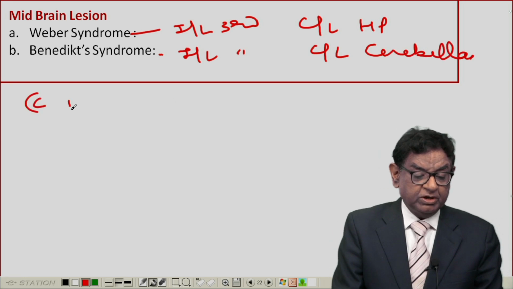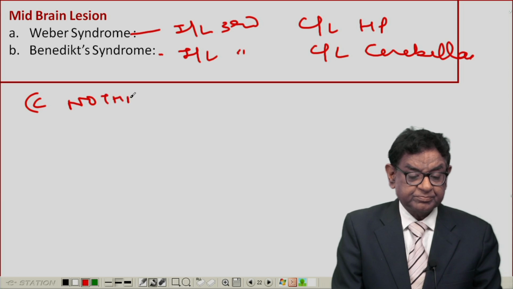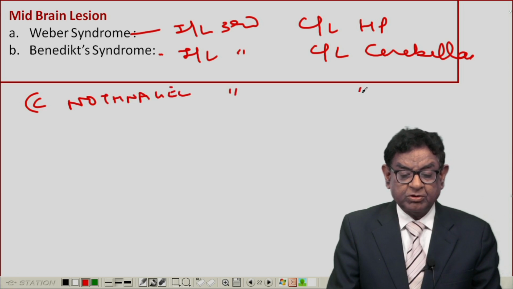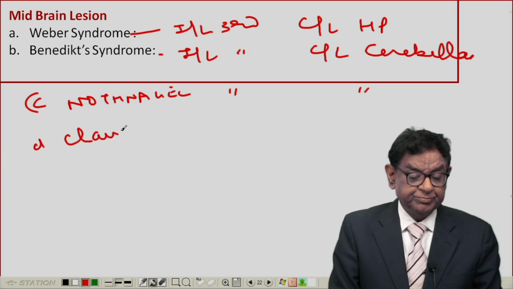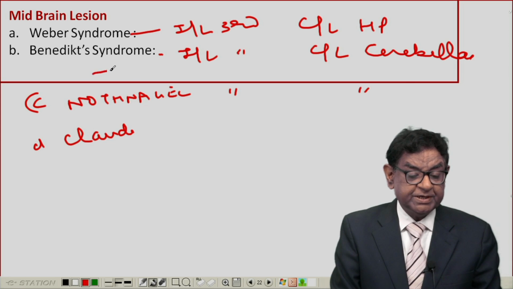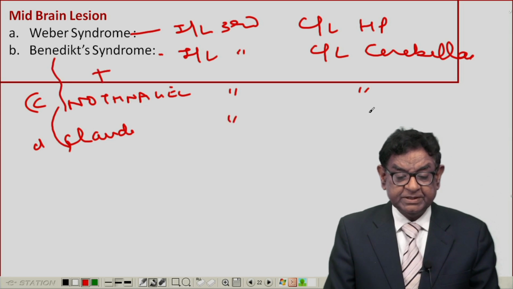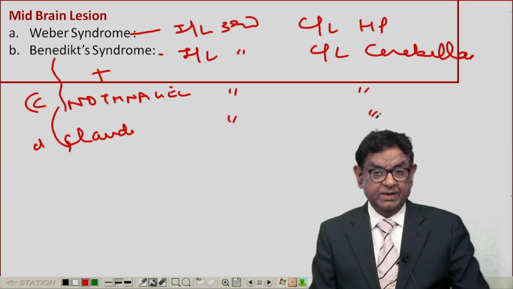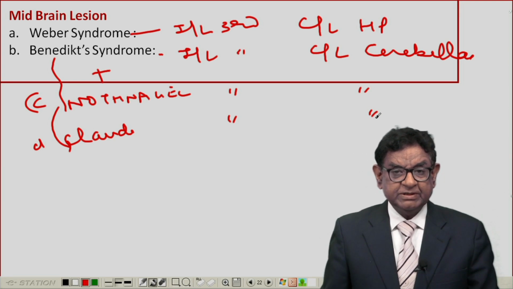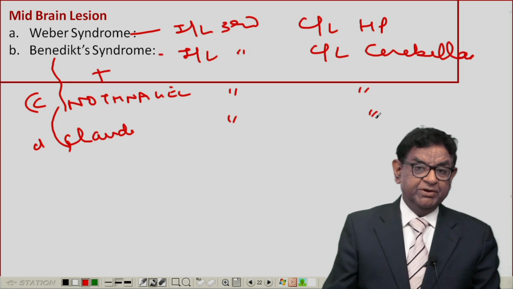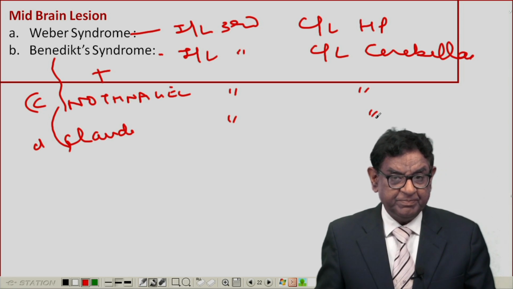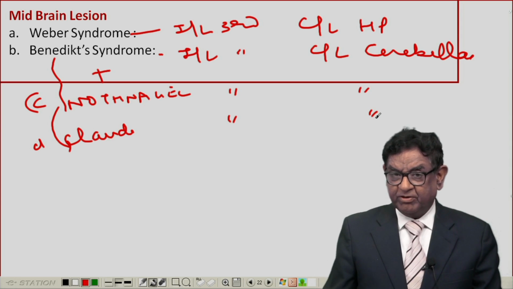We have Nothnagel syndrome: ipsi third, contra cerebellar, and Claude syndrome. Claude is nothing but a combination of Benedict and Nothnagel: ipsi third, contra cerebellar. So this is the summary of the midbrain. Now I'll give you a summary of the summary of midbrain.